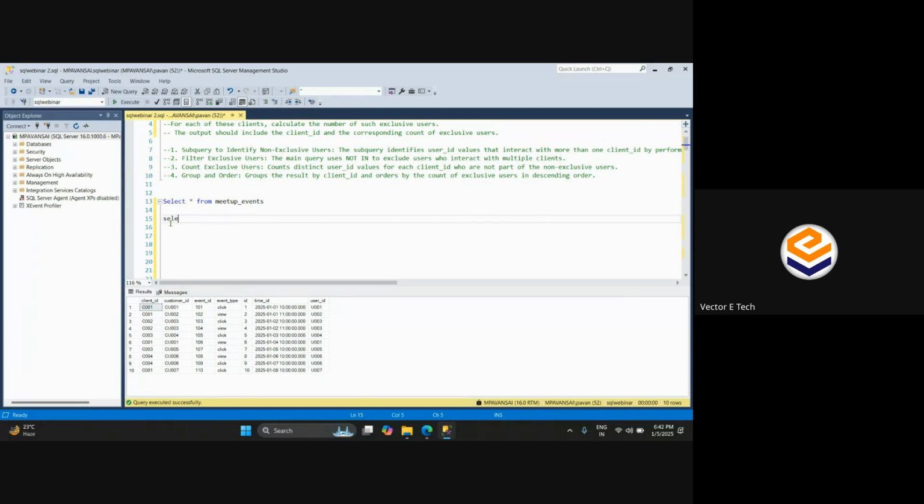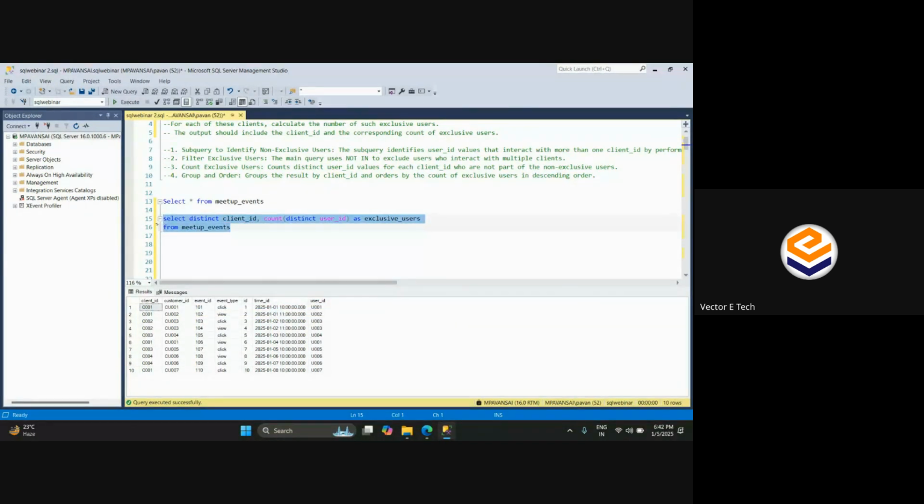I'll write select distinct client underscore ID, comma, and I want to count the distinct user IDs, who are exclusive users, as exclusive users. The table name is meetup events.